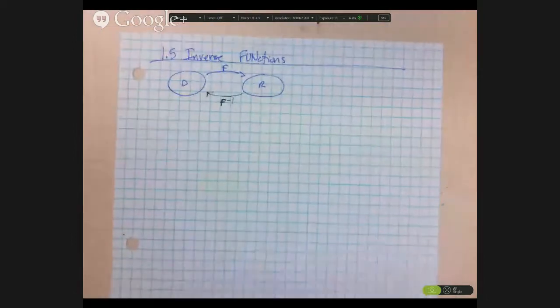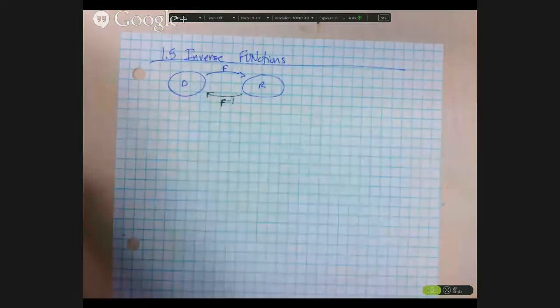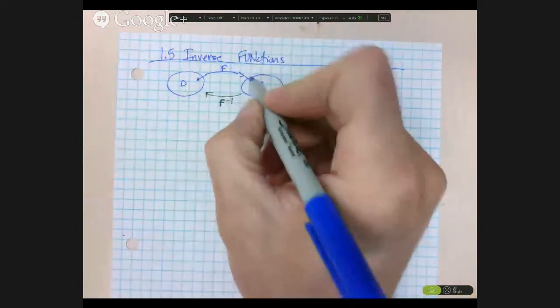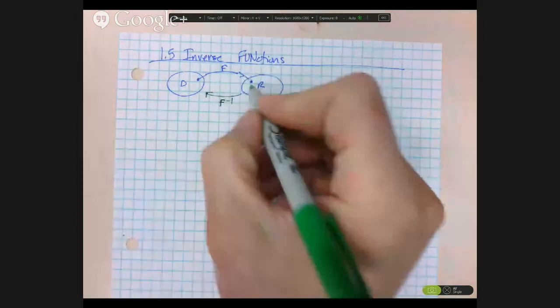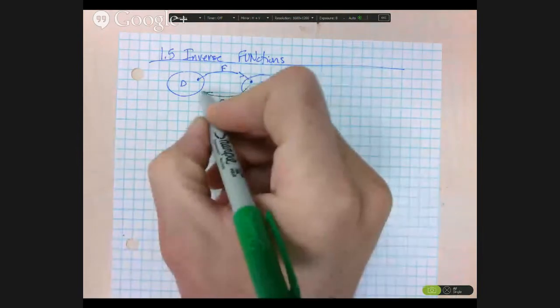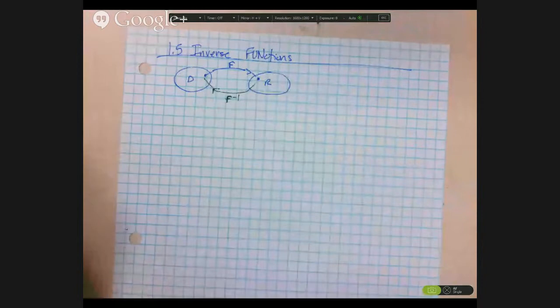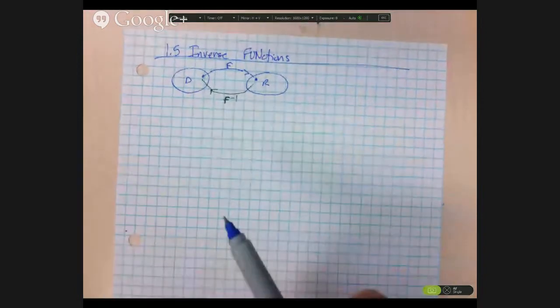So every element in the domain that goes to the range with f goes from the range back to the domain with f inverse.